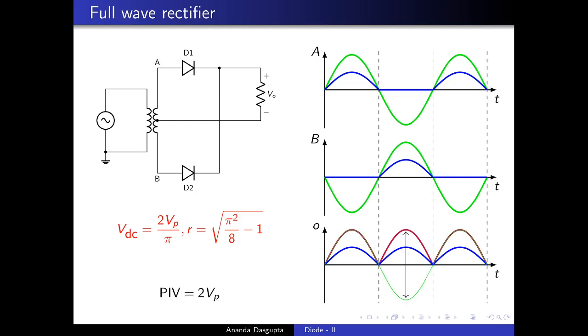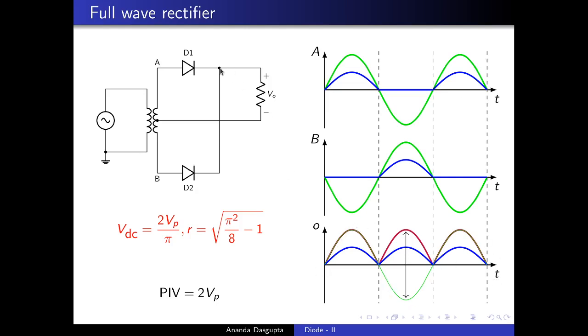But what about the peak inverse voltage? Because here we have two diodes and we have to worry about peak inverse voltage across both of them. In this particular picture, I am showing you the peak inverse voltage scenario as far as diode D1 is concerned. D2 is very similar. Notice that the voltage at point A, one end of the diode D1, follows this green curve of the input, which I have redrawn here as this thin line.